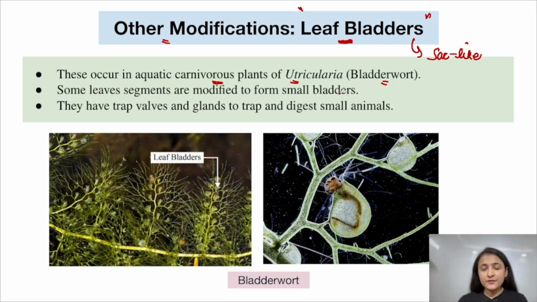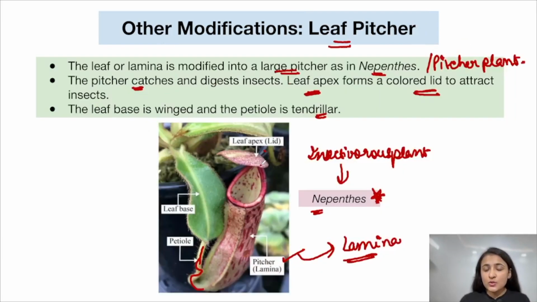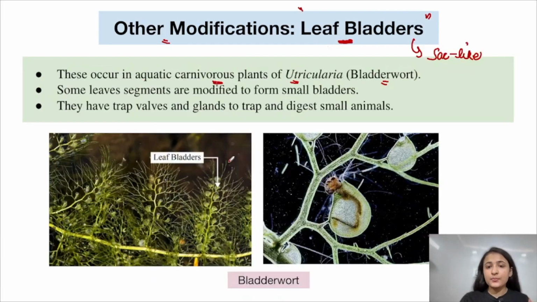Some portions of the leaves get modified to form these sac-like structures or bladders. And each of these bladders has trap valves, just like the lid that we saw in the pitcher plant, which was present to trap the insect. Similarly, in the bladders also, these trap valves or lids are present, and certain glands are present which are responsible for trapping the insect.